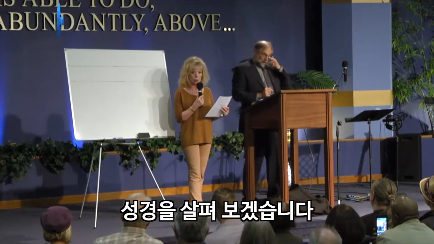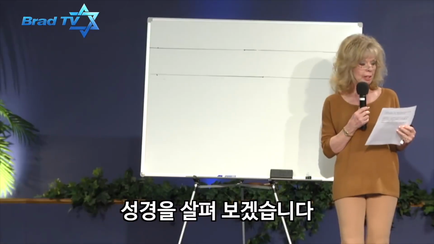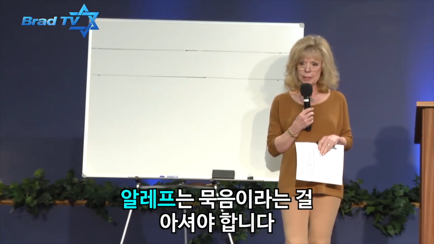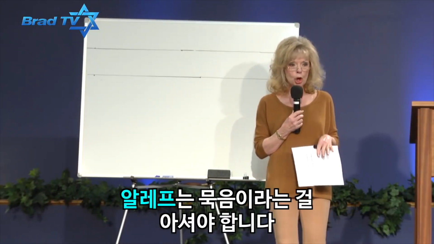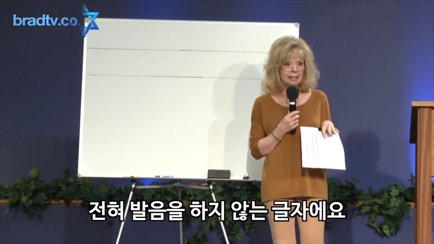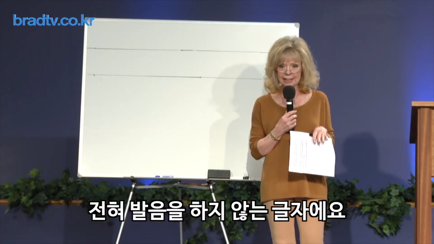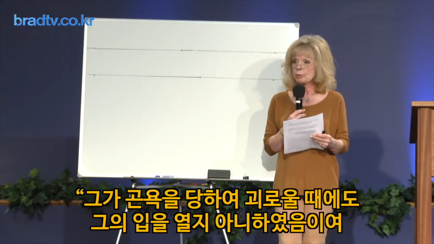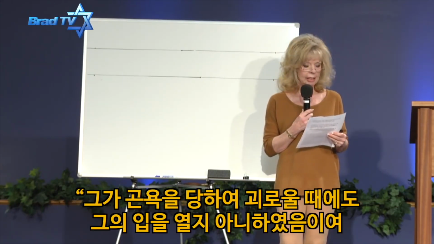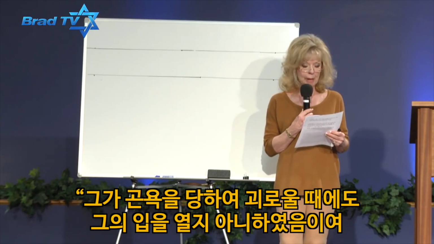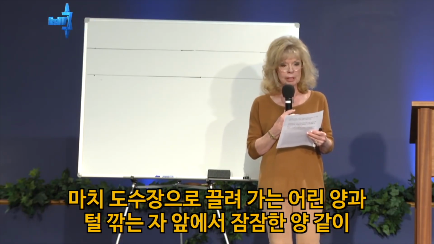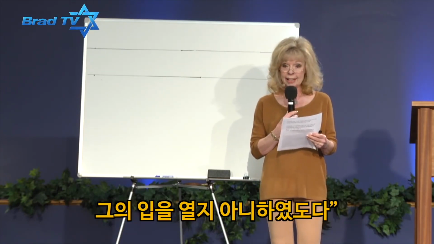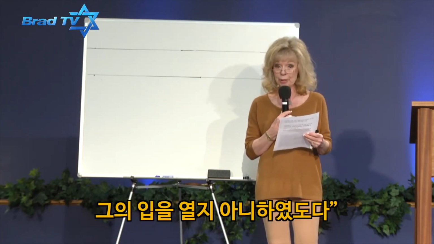I want to connect this to the scriptures. So I see a lot of you have something to write with. Isaiah 53:7 says, and I'm going to go through these because Aleph makes no sound. It is a totally silent letter. So here we go. Isaiah 53:7. He was oppressed and afflicted, yet he did not open his mouth. He was led like a lamb to the slaughter, and as a sheep before his shearers is silent, so he did not open his mouth.